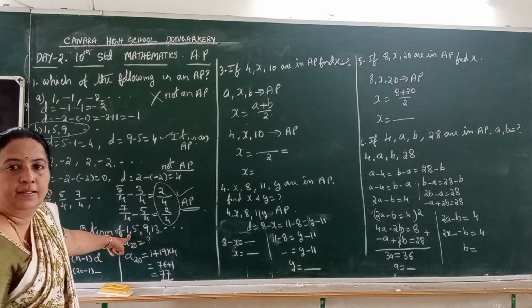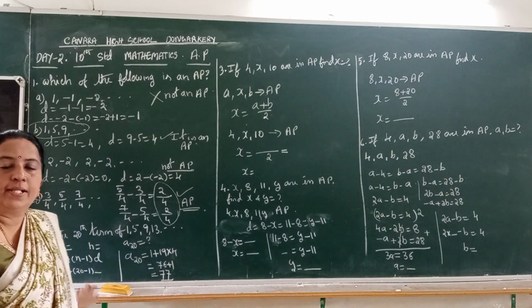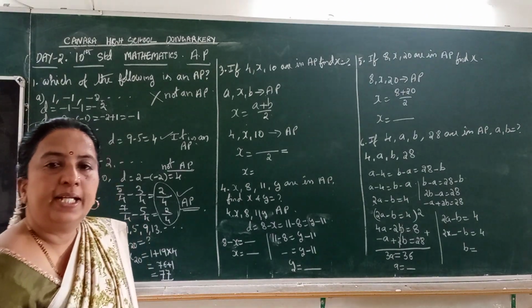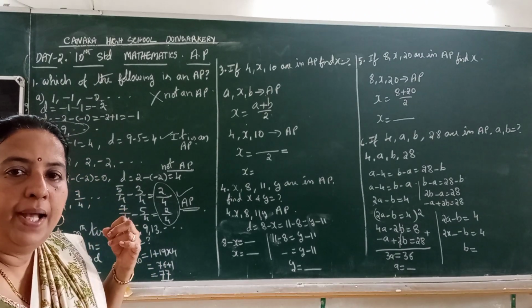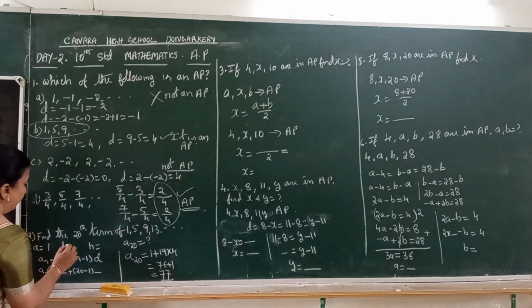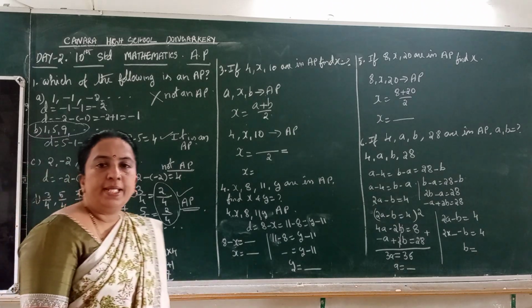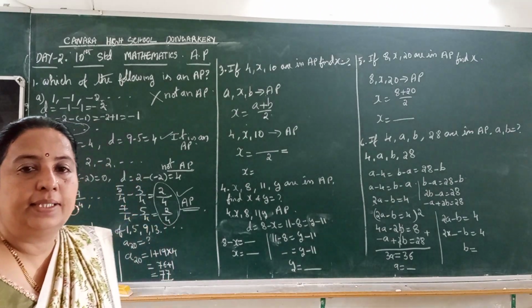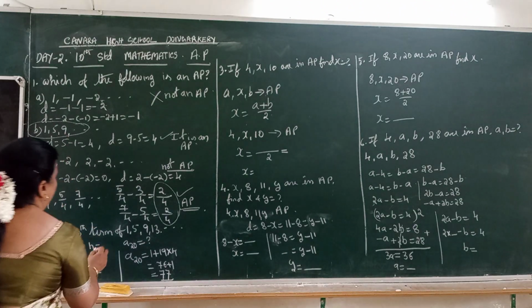How much written? 1. Common difference. How to find? Second term minus first term. 5 minus 1 is equal to how much? 4. Which term is asked? 20th term. Therefore, n is equal to how much? 20.